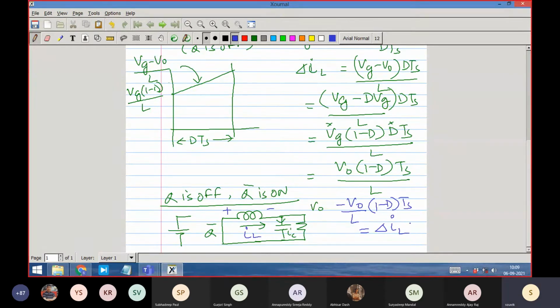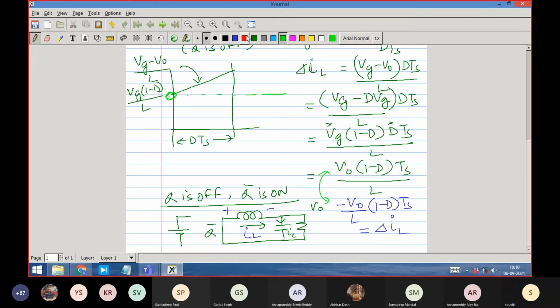You may notice that these two things are equal, and they have to be equal. Why? Because under steady state, the initial value of the inductor current has to be equal to the final value.